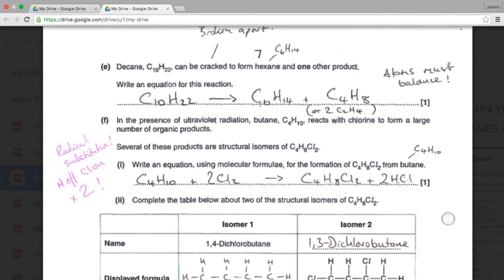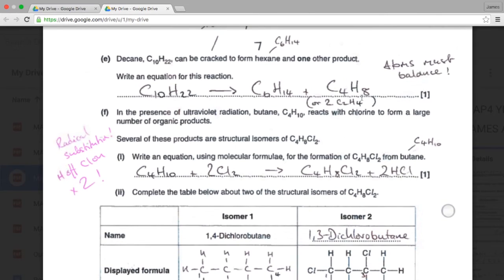We've got to have 6 in hexane. 22 hydrogens at the start. Well, there's 14 in hexane, and that leaves 8. So C4H8 was the other product. That's butene. You could have said 2 moles of ethene. That still balances. Your atoms must balance.